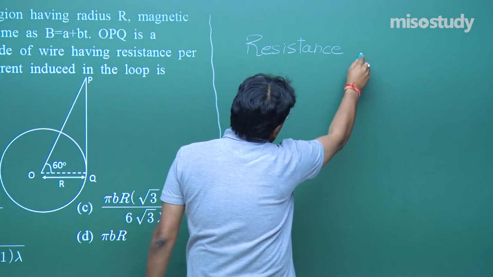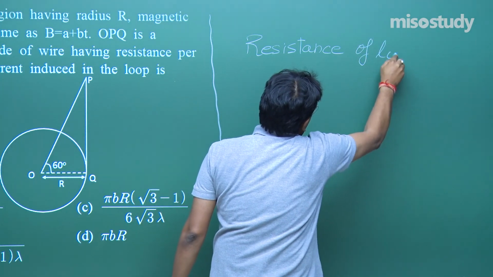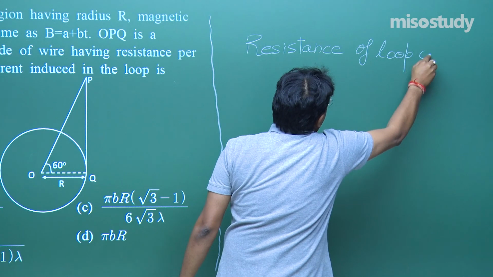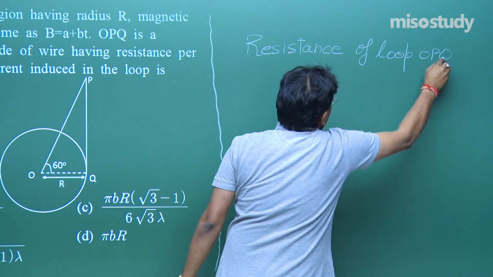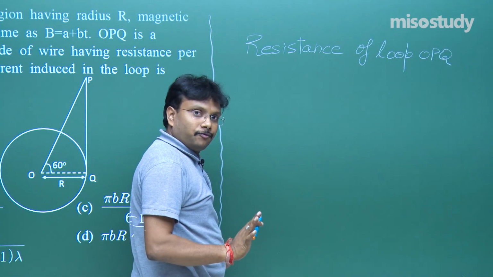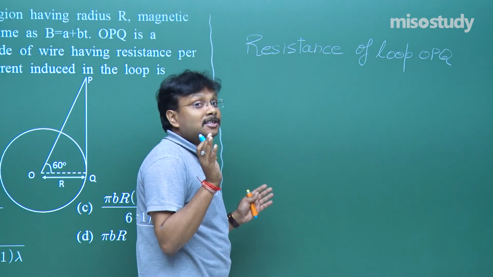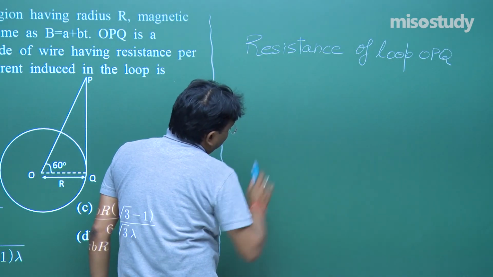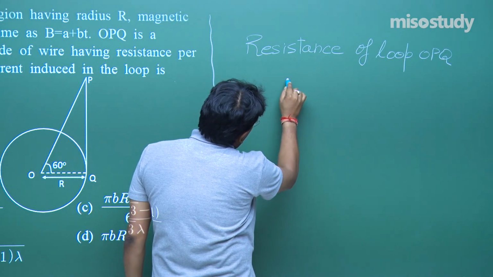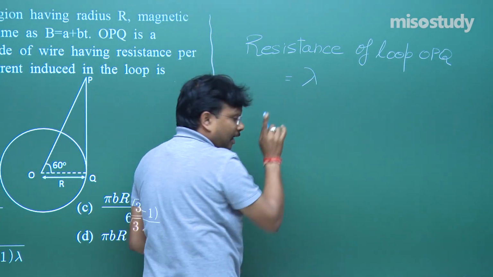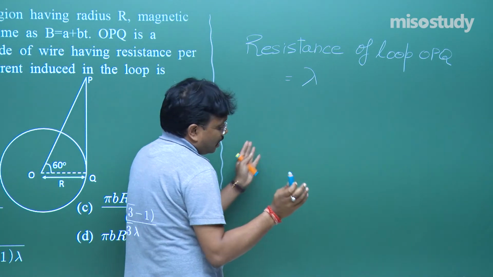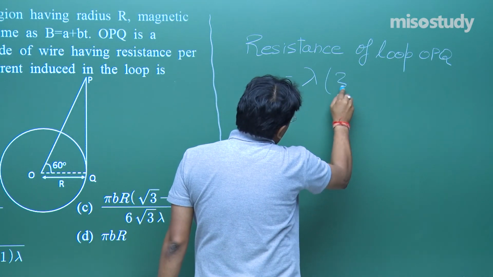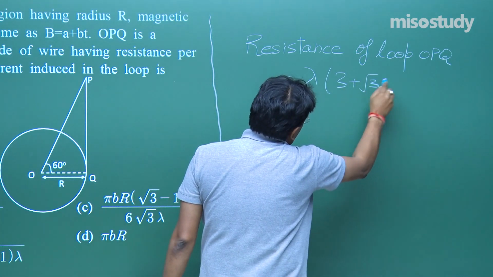Resistance of loop OPQ, fine, because it is a wire having resistance lambda per unit length. So, resistance of loop OPQ is equal to lambda and then total length, fine. So, lambda and 3 plus root 3 r.